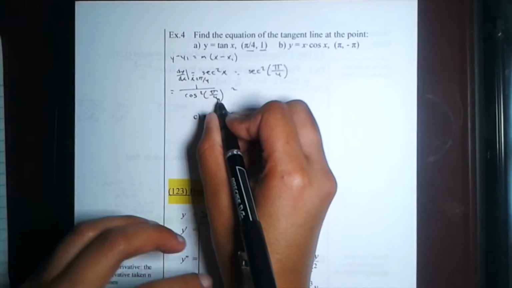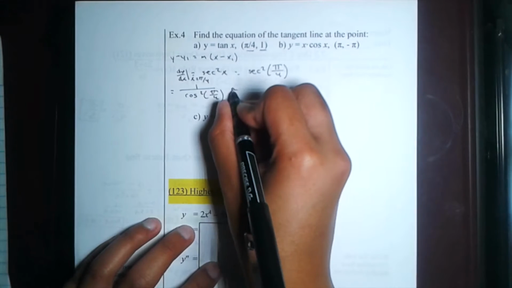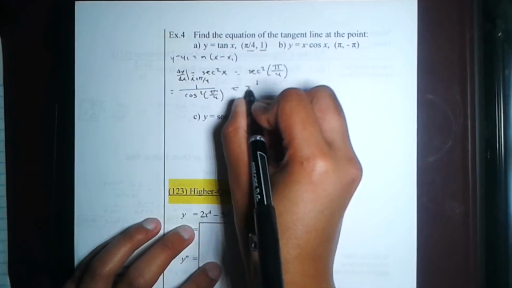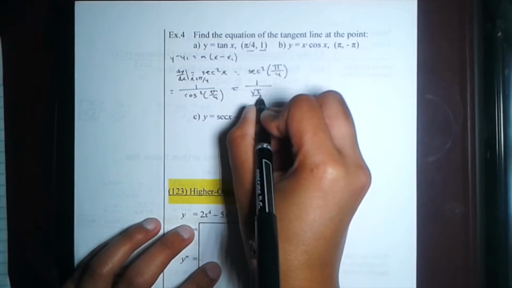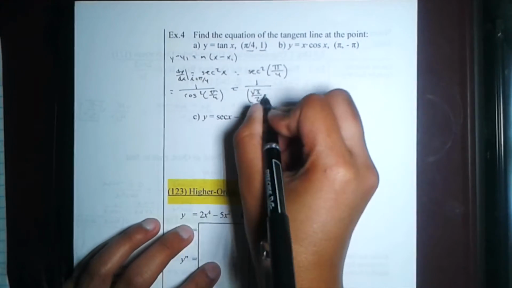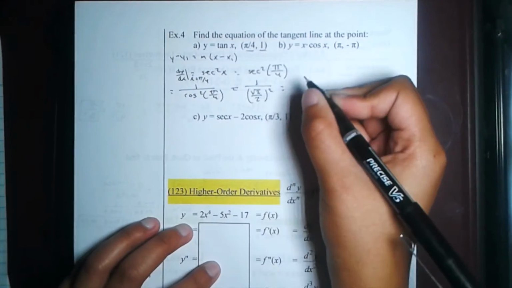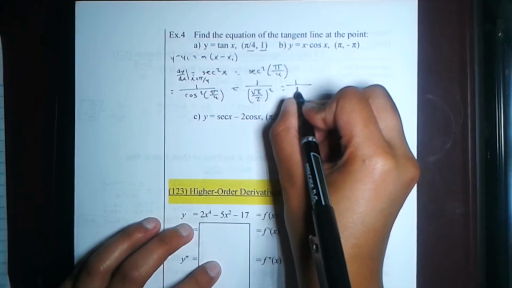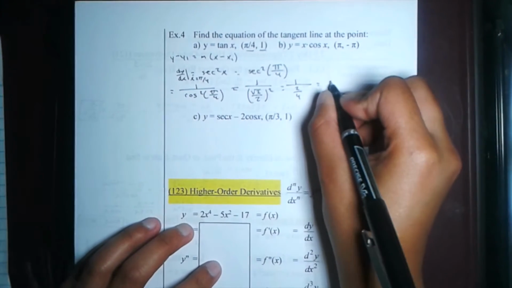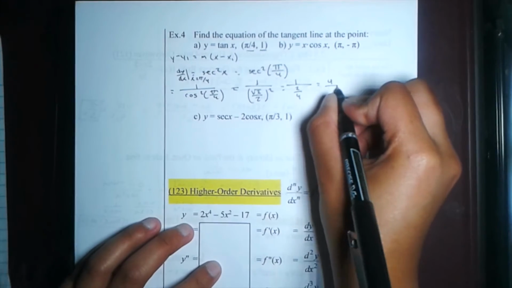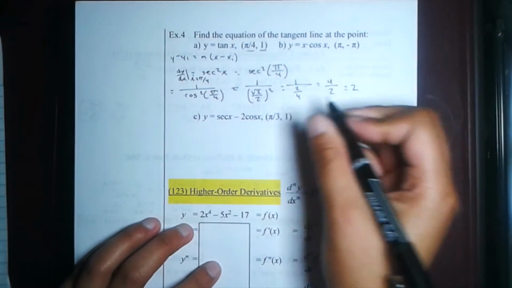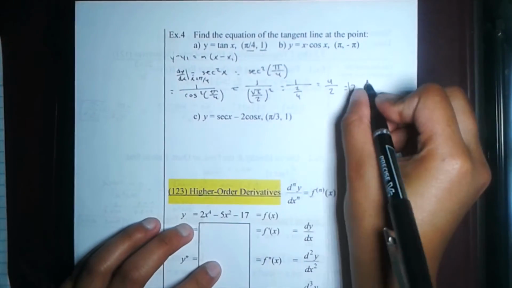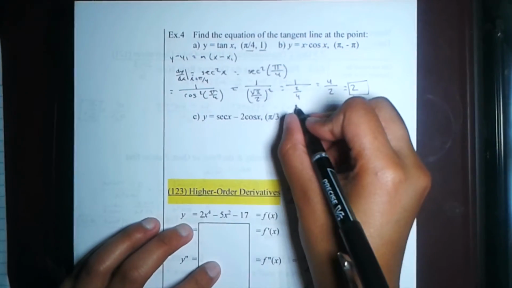And cosine at pi over 4 is root 2 over 2, and it's squared. So you'd get 1 over 2 over 4, which is really 4 over 2, which is 2. So that's your slope at that point.